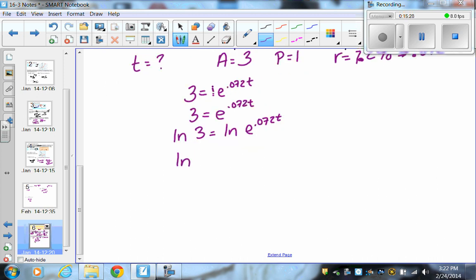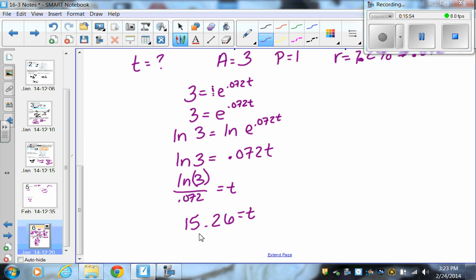Now I have the natural log of 3 equals 0.072t. The opposite of multiplication is division, so I'm going to type in my calculator the natural log of 3, divide that by 0.072, and we should get 15.26 equals t. I'm going to round that up, so my final answer is going to be 16 years.